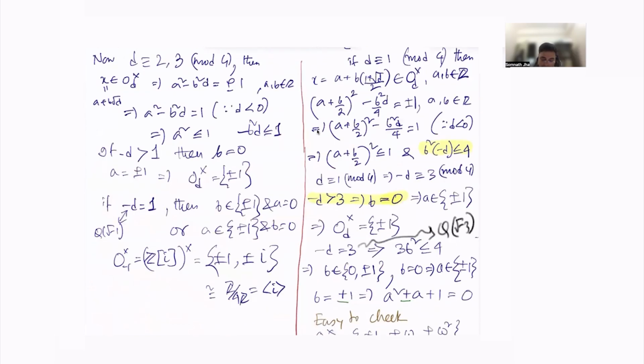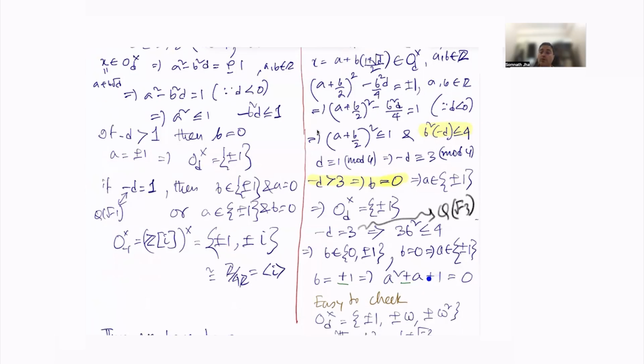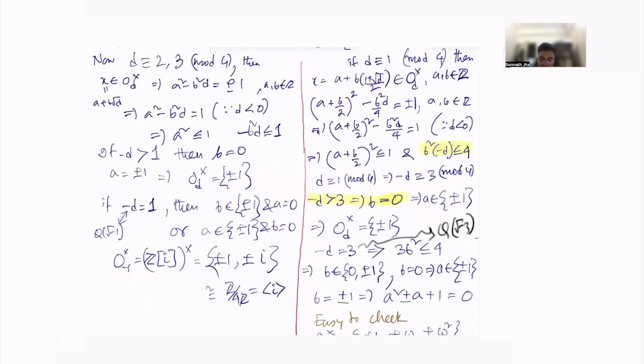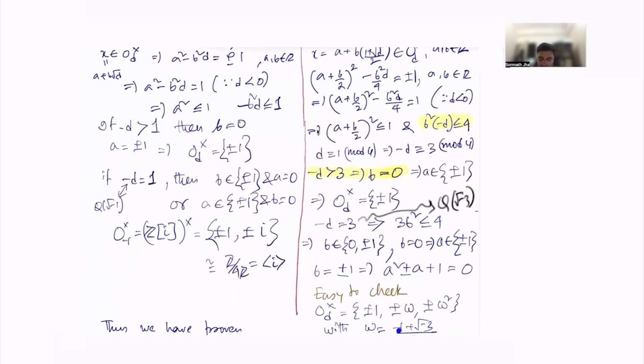So b equal to plus minus 1 implies a square plus a plus 1 is 0 or a square minus a plus 1 is 0. So a square plus a plus 1 means it's the cube root of unity, right? Omega. You put omega equal to minus 1 plus root minus 3 by 2. Then this is the root of a square plus a plus 1.